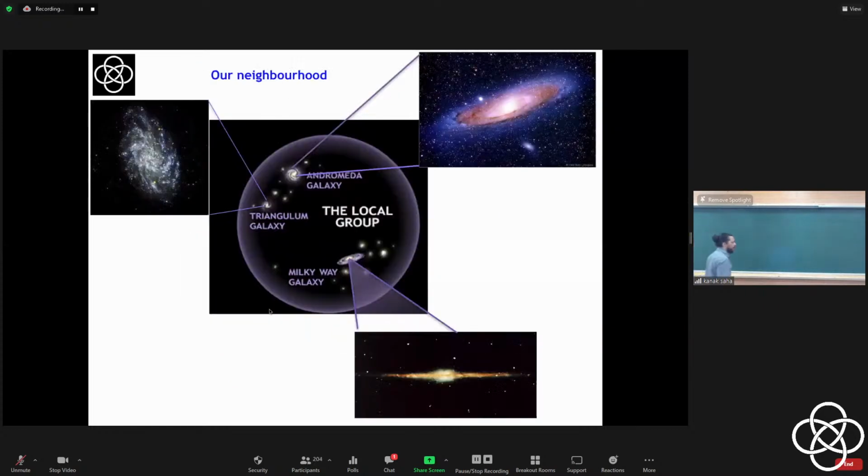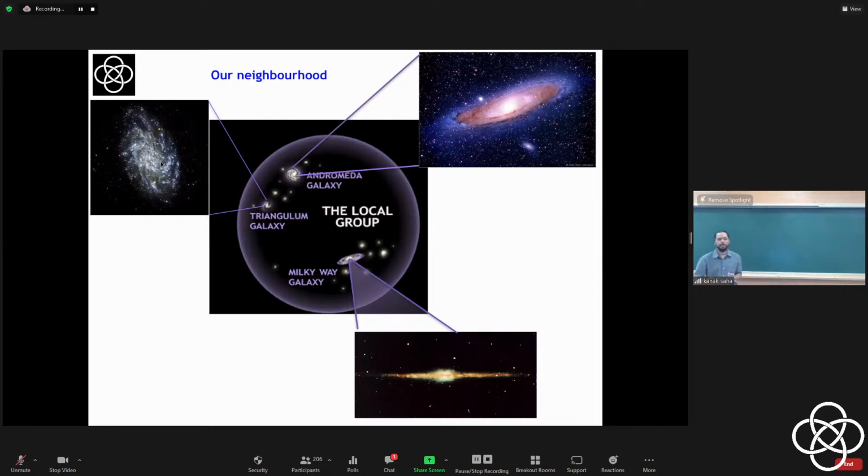So coming back from this early universe to our Milky Way. This is the image of the Milky Way galaxy. This is Andromeda and this is M33. These three spiral galaxies, if you like, form the major part of the local group.